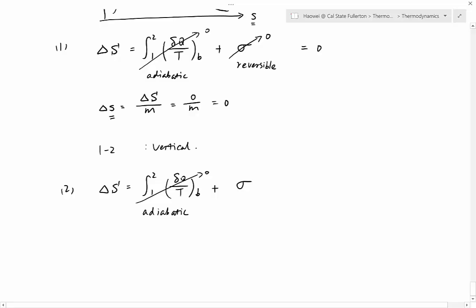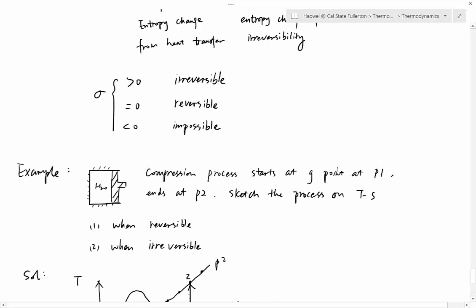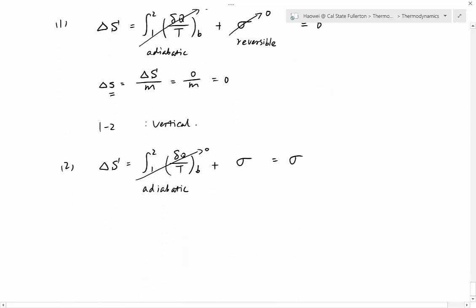And then the second term in the right hand side, what's going to happen? If the process is irreversible, the whole right hand side just becomes sigma. And we know if the process is irreversible, that means sigma must be greater than 0. So delta capital S must be greater than 0.